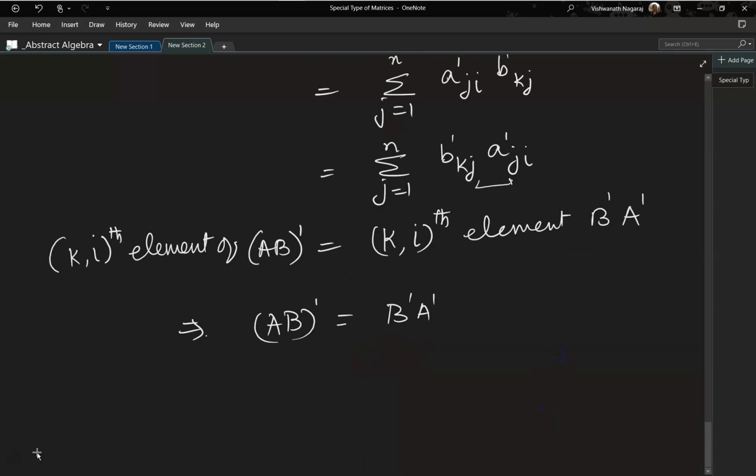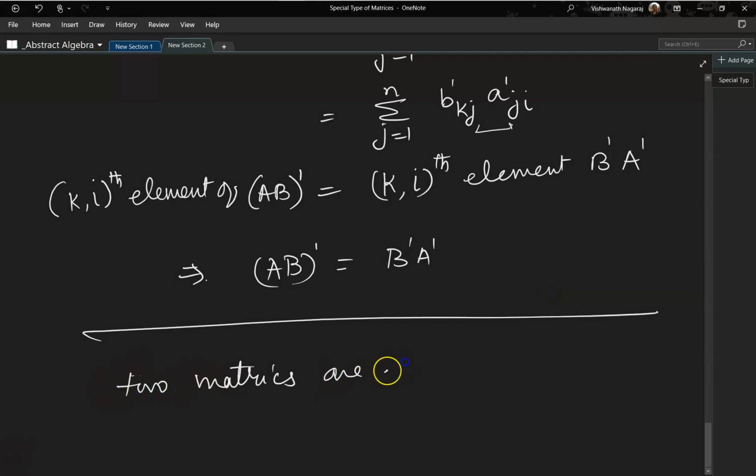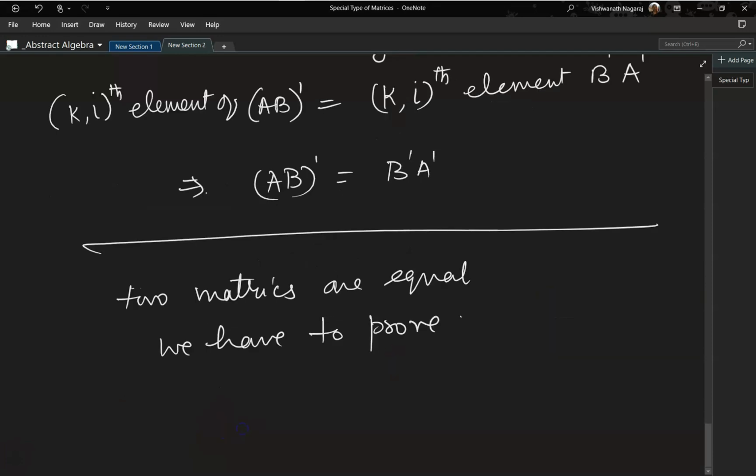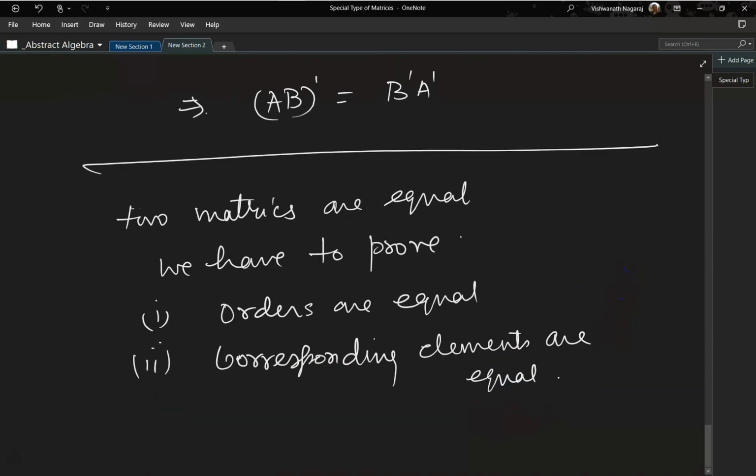And if you have noticed, to show that two matrices are equal, we have to prove two things. One is that the orders are equal, and the other is that the corresponding elements are equal.